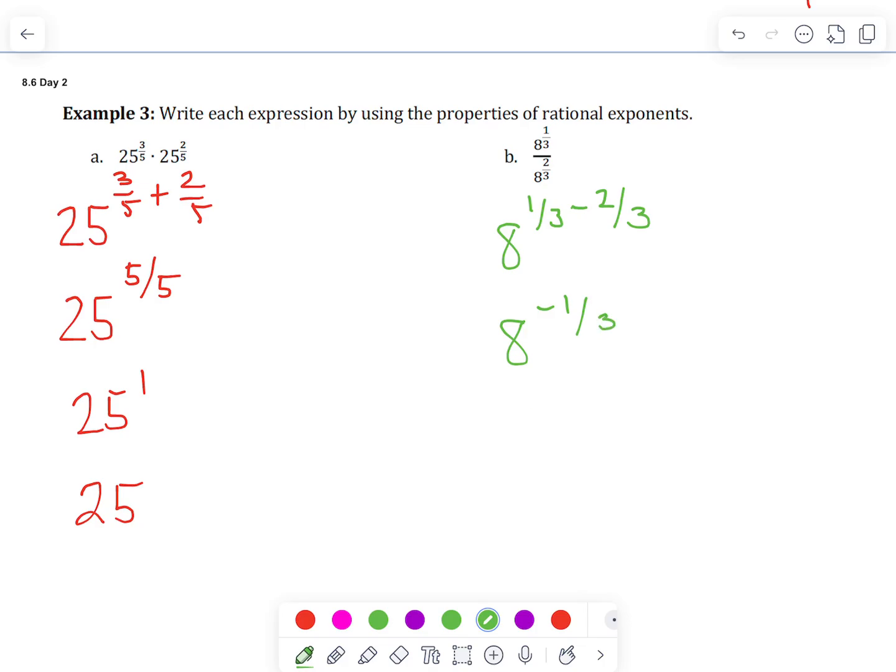And then we're going to go ahead and flip that 8 down to the bottom because we don't want to leave a negative exponent. All right, then we see if we can simplify that 8 to the 1/3 power. Our index is 3, and then we have 8 to the first. And then the cube root of 8 is 2. And the reason why that is, you can take that 8 to the 2/3 power.